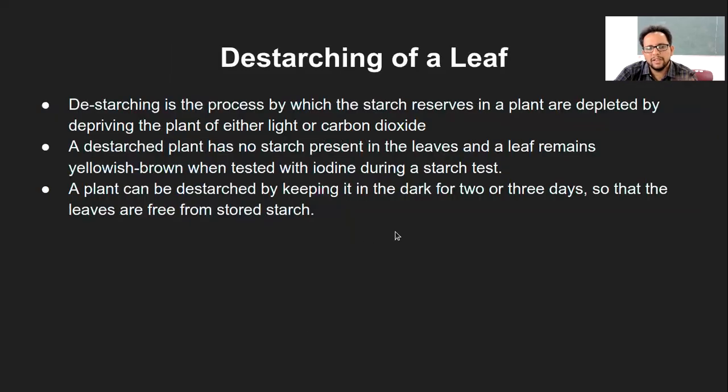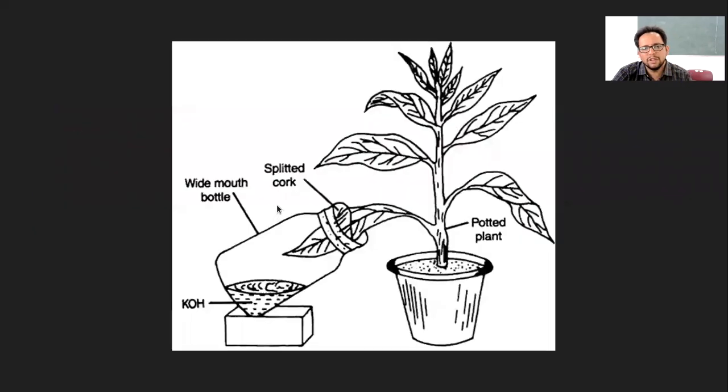And even in this case, why is the KOH being used in the flask, or can any other molecule or solution be used instead, and so on. This is a very specific reaction of KOH with carbon dioxide. So this experiment is also specific to the importance of carbon dioxide in photosynthesis.